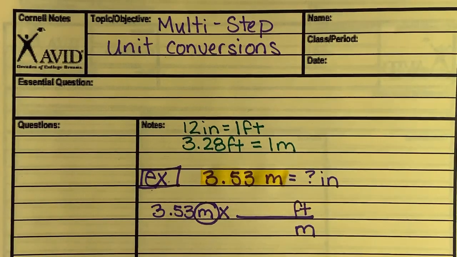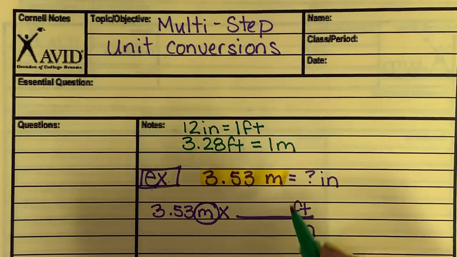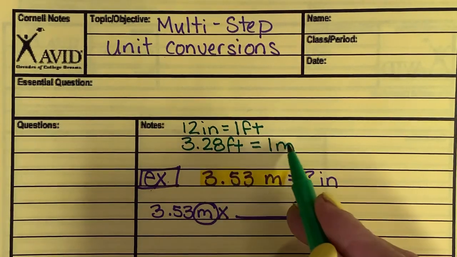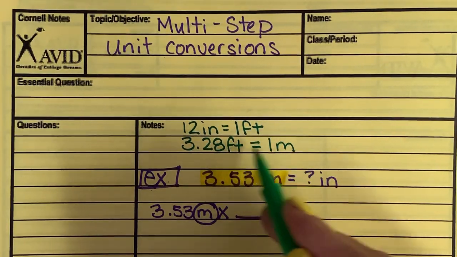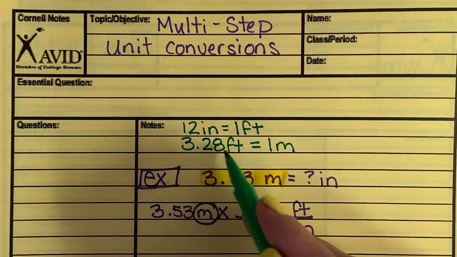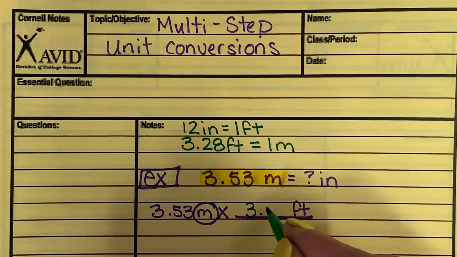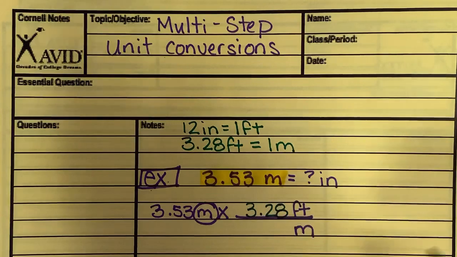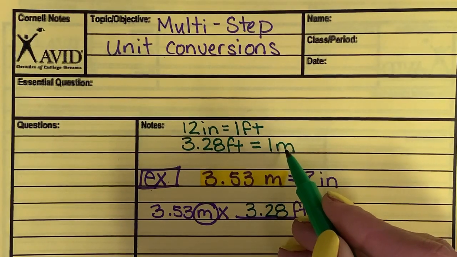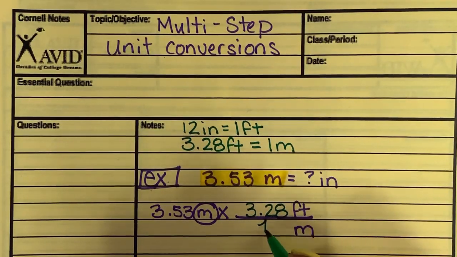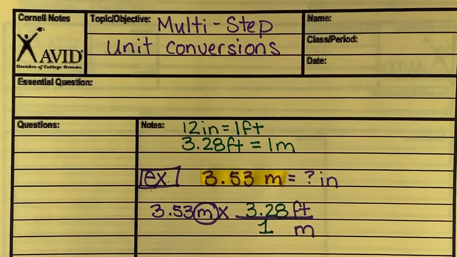Now, just like before, I'm going to take my numbers from the equivalent statement. So next to feet, in the equivalent statement that has meters, it's 3.28. Next to meters, I'm going to put 1. Now, I could stop and put this into my calculator and get an answer right now, and then go on to the second step.